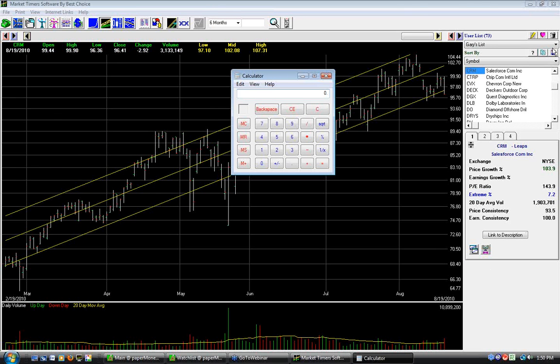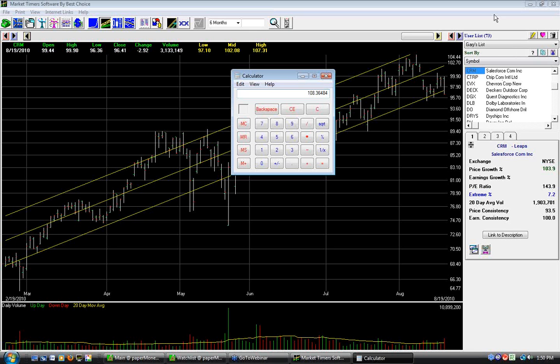It's pretty simple math, folks. The stock closed at $96.41. So if I put in $96.41 and multiplied that by 1.124, a 12.4% move, that's going to give me my average target of where I could expect that security to move to. It's 108.